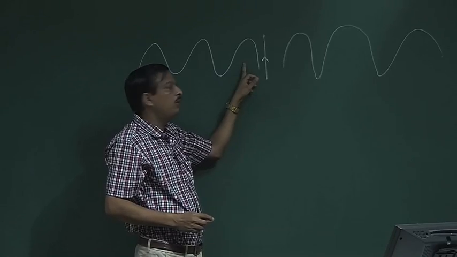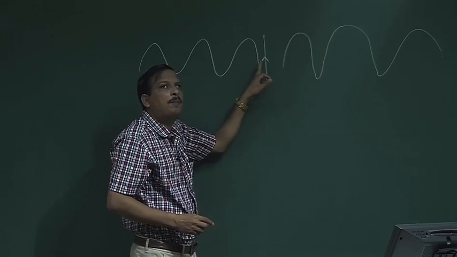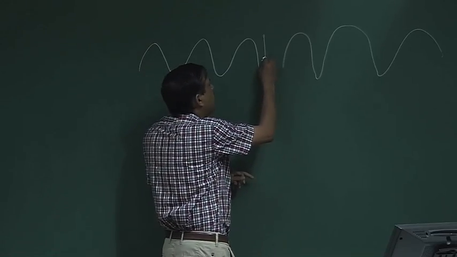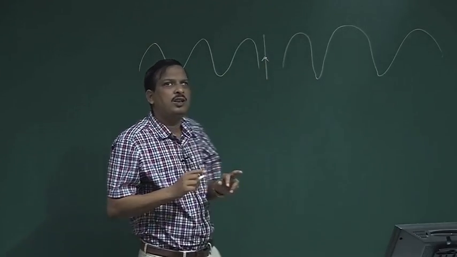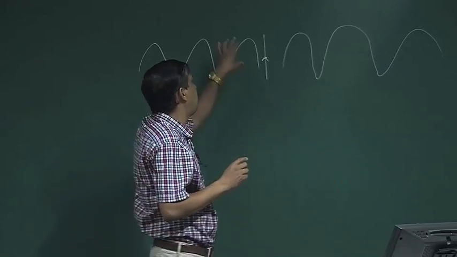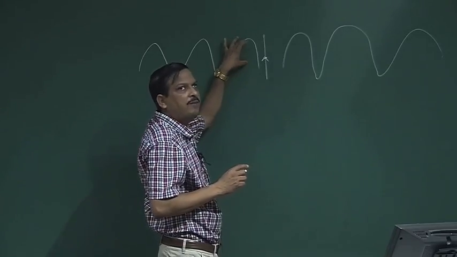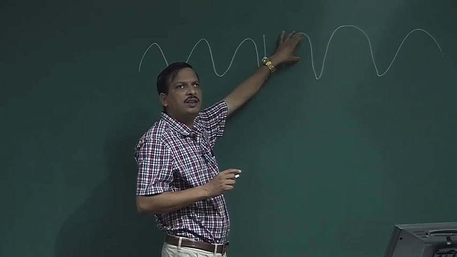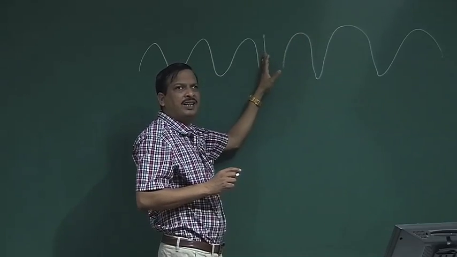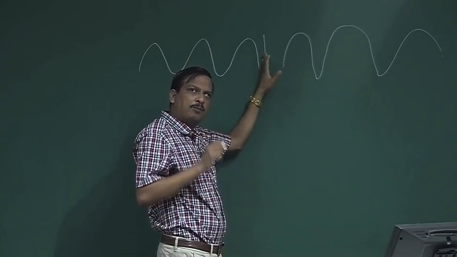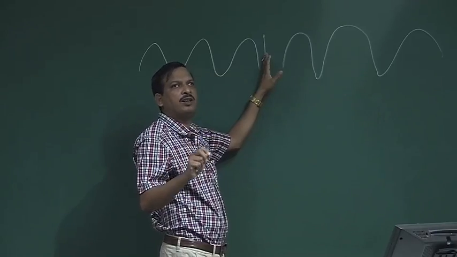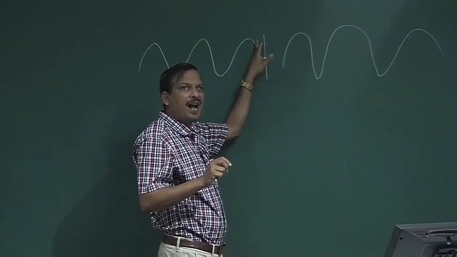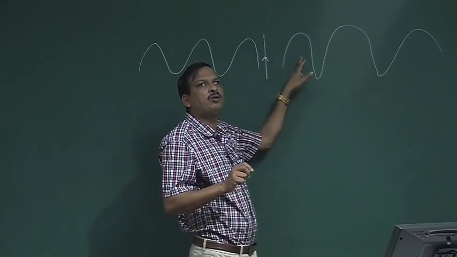This interference supports the superposition principle, which means that at the point of interference the particle displacement due to both waves is the arithmetic sum of the displacement due to the first wave and the displacement due to the second wave.